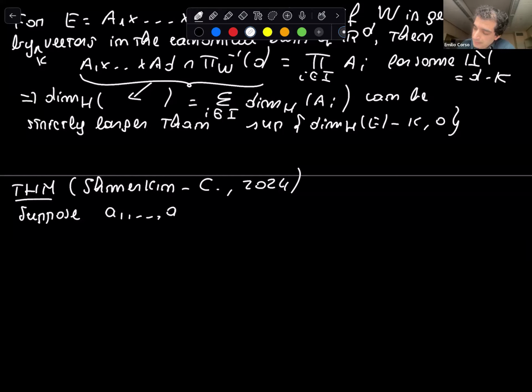A1, ..., AD are pairwise multiplicatively independent.